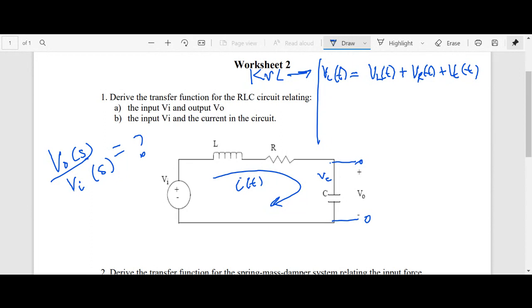Let's take, for example, VL. What do we know about VL? VL is equal to L di(t)/dt. I'm speaking about I here. We also know that VR is equal to I(t) times R, and we could simply put VC of t.